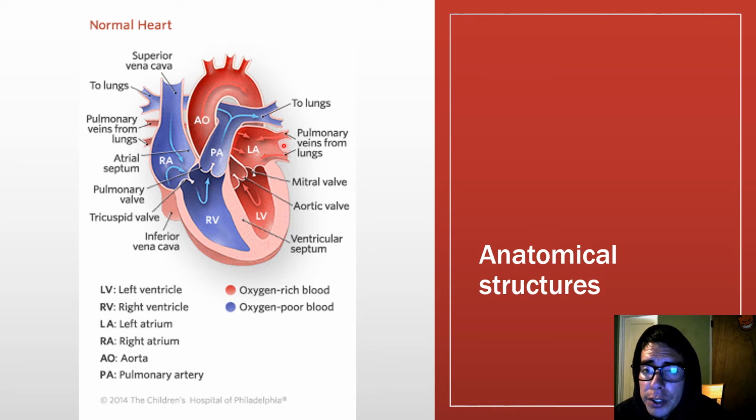And then for both the atria, there is no valve, just blood continuously comes in and fills it. So from the top, the superior vena cava, as it's called, just pours in.